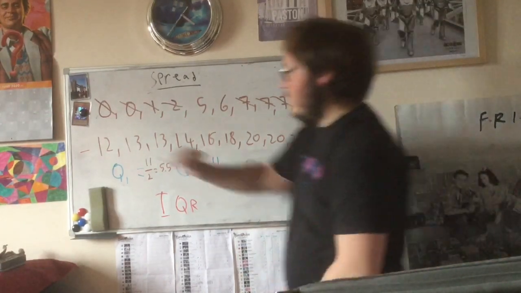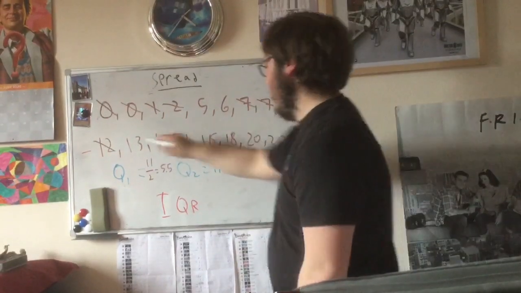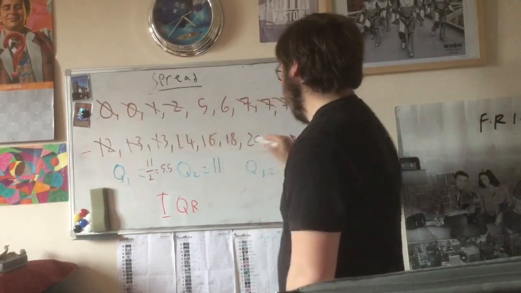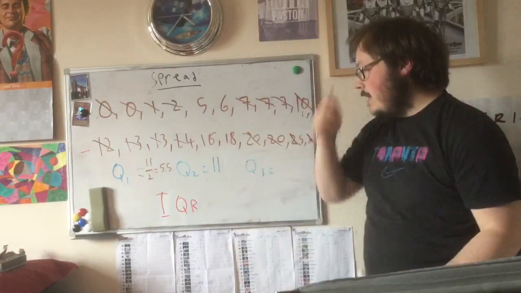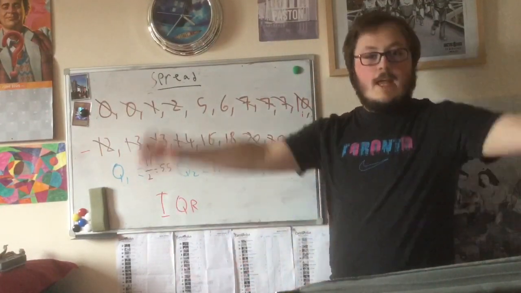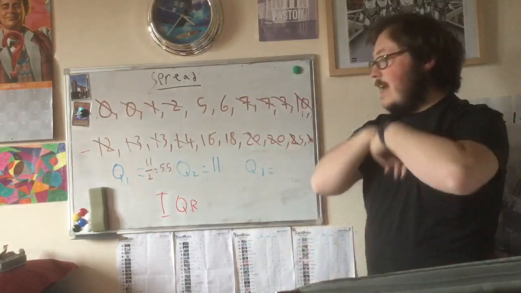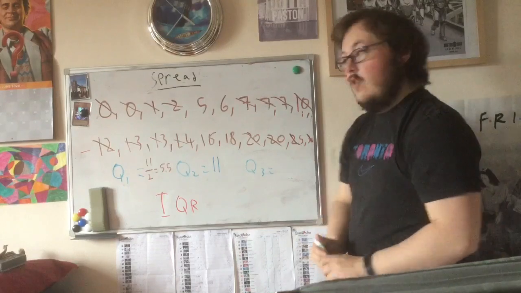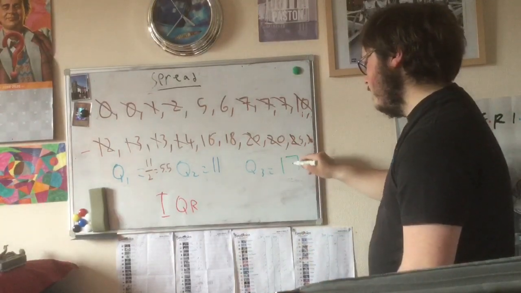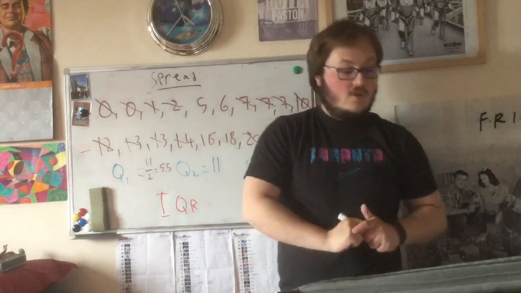Now let's look at Q3. So let's cross them out. Same problem. We have 16 and 18, cross them out, there wouldn't be anything, so we add them together and then halve it. So 16 and 18 equals 34. Half of 34 gets you 17. So what do we have to do?